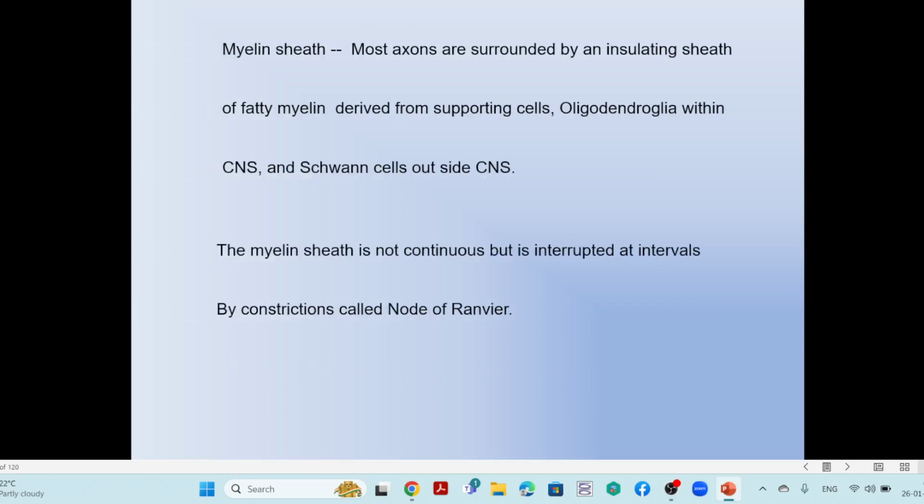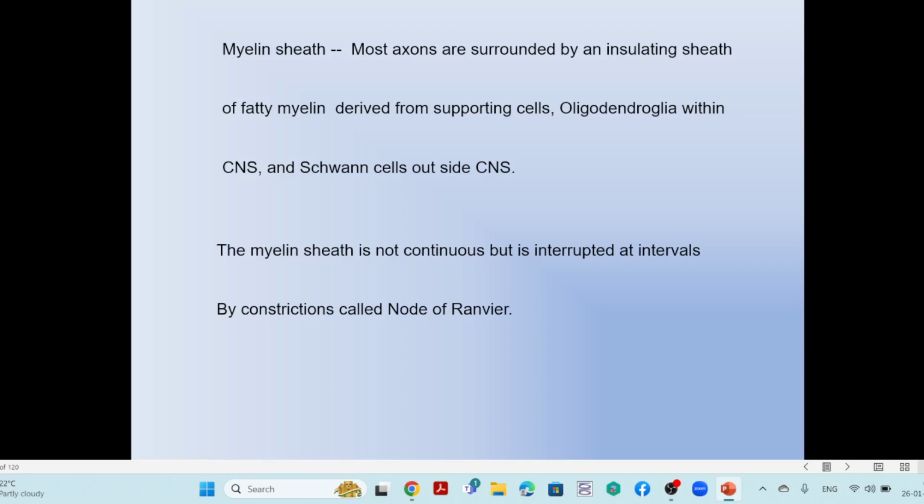Then what about the myelin sheath? The myelin sheath is the outer covering of the axon. Most of the axons are surrounded and covered by an insulating sheath, that is the myelin sheath. It is a fatty myelin derived from the supporting cells, especially oligodendroglia within the central nervous system and Schwann cells outside the central nervous system.